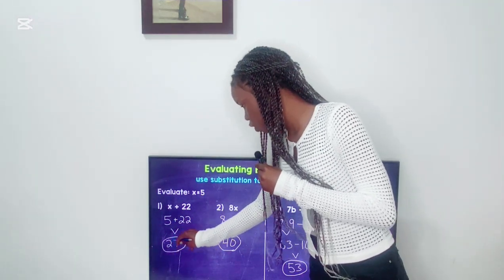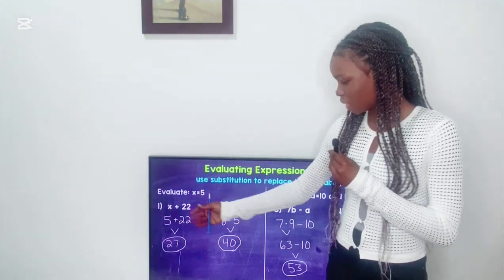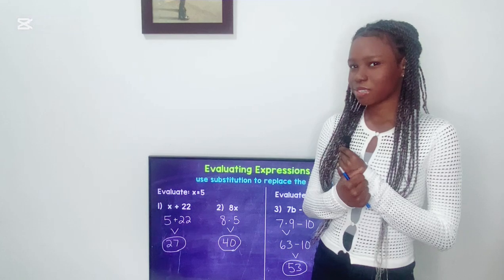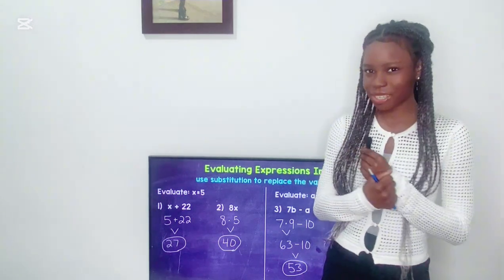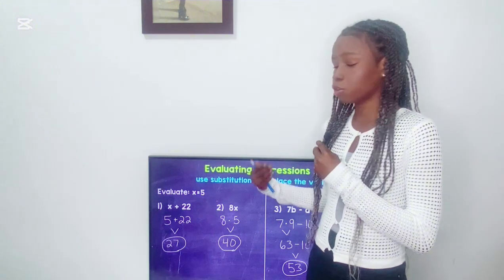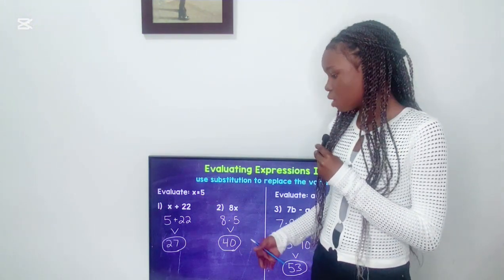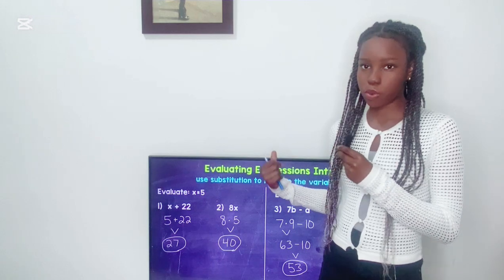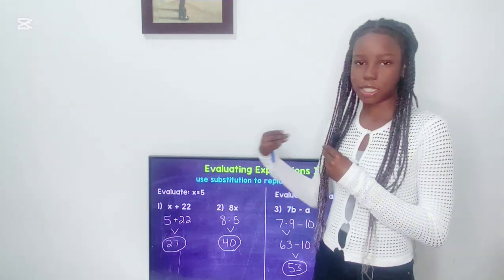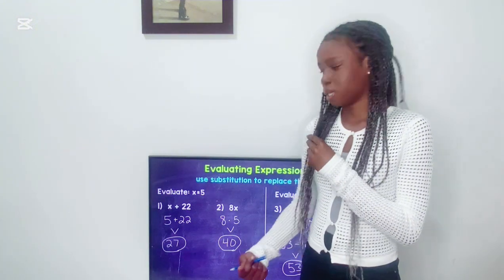Our answer is 27. Looking at number 1, you can say it's kind of easy. And it is, but I also want to talk about how we use order of operations when evaluating expressions. We'll get into that later when I actually have to explain it. But for now, as you can see, it's pretty easy.